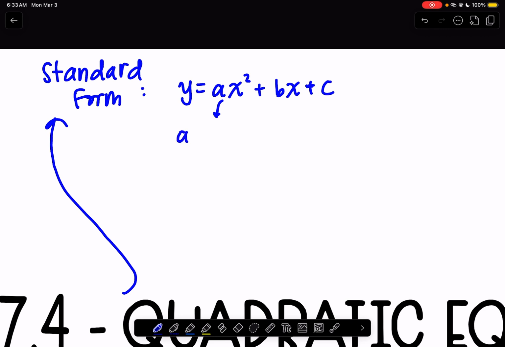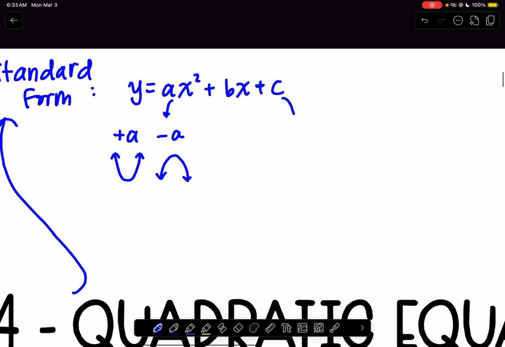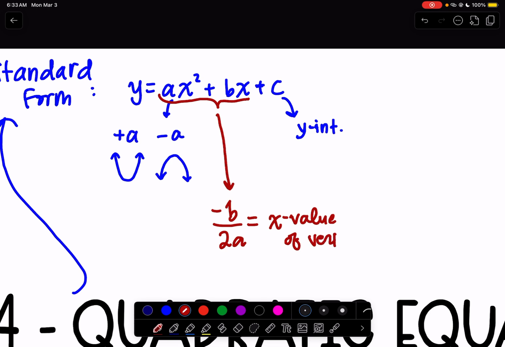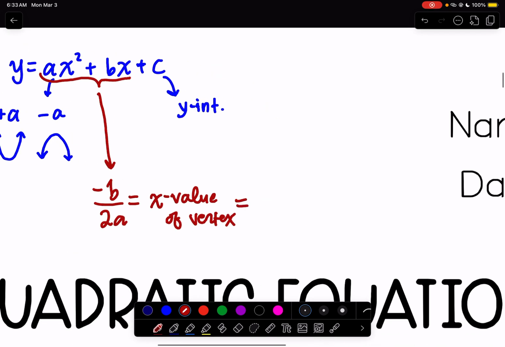If a is positive, then we're concave up. If a is negative, we're concave down. We've talked about the c value, which is always the y-intercept. And then a and b together, we have talked about how negative b over 2a is equal to the x value of the vertex and therefore the axis of symmetry.